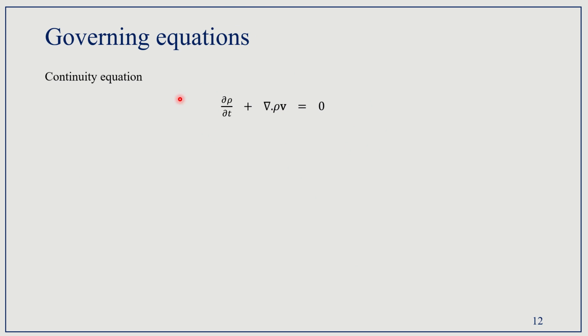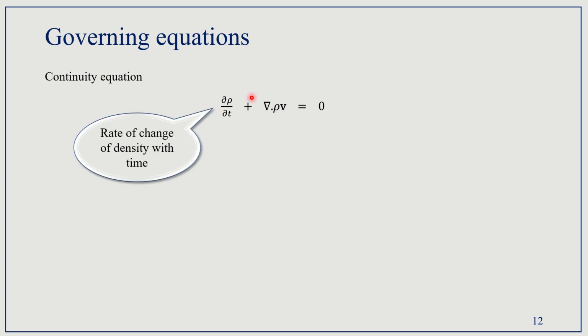So this is the original vector form of the mass conservation equation: dou rho by dou t plus del dot rho v is equal to 0. What is the significance of the terms? The first term is the rate of change of density with respect to time, that is, how the mass is changing with time inside the system.